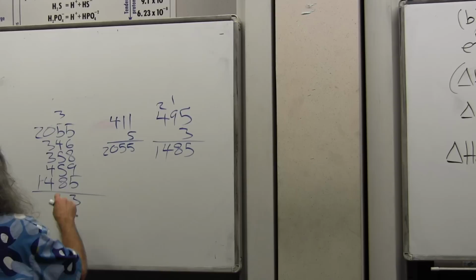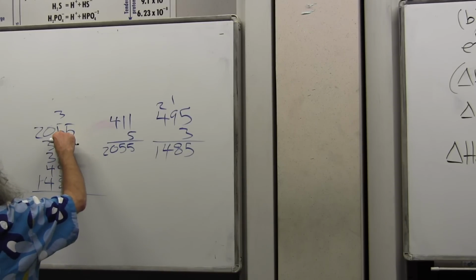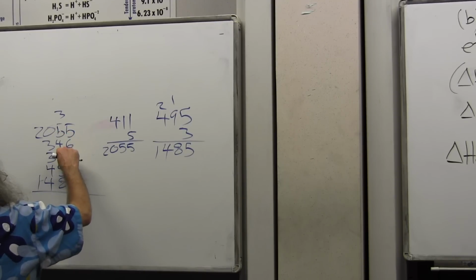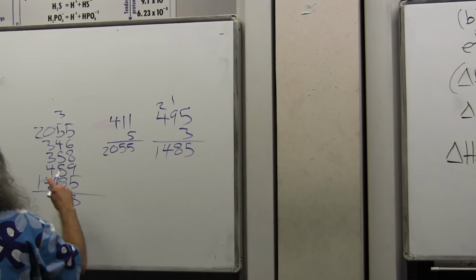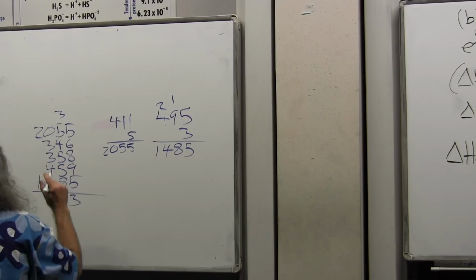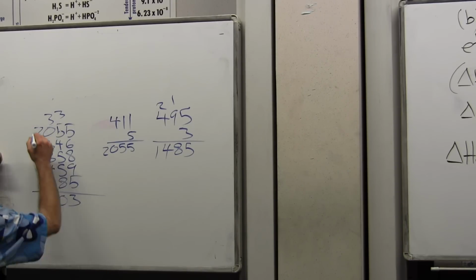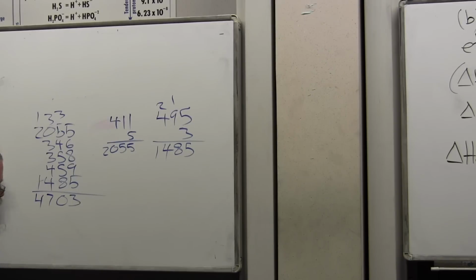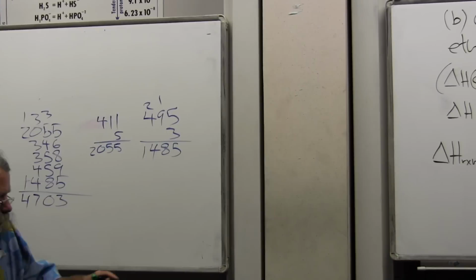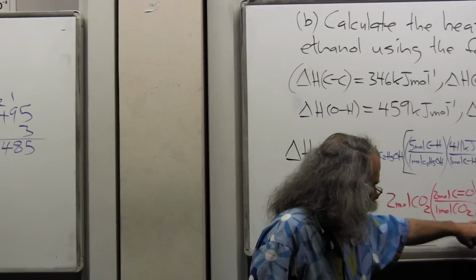Oh, okay, that's a different thing. 5, 10, 15, 4 and 3 is 7 and 8 is 15, 20, 25, 30. Okay, 3, 6, 9, 9 and 8 is 17, and that is 4703. Different number, but we've got that number for the endothermic process.